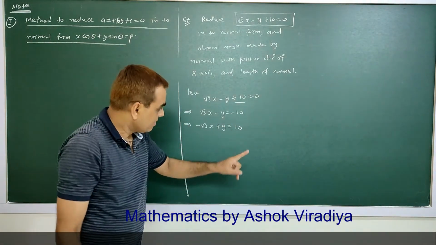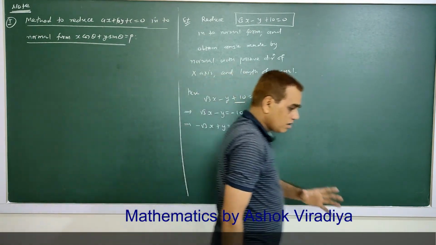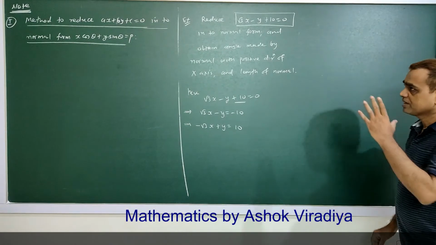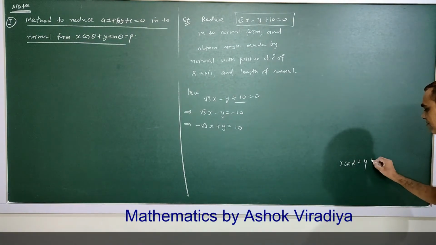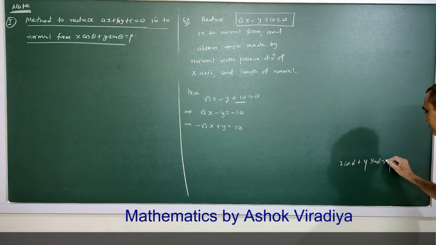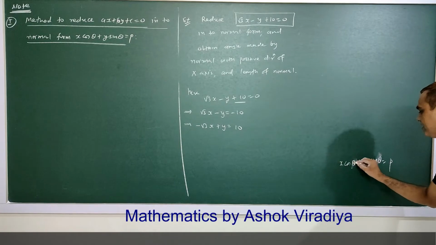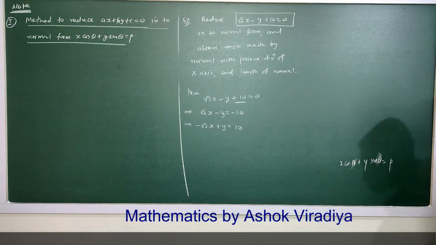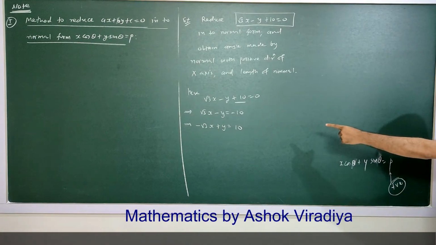Remember, the right hand side must be positive, because in this procedure we are reducing the given equation into the form x cos alpha plus y sin alpha, or x cos theta plus y sin theta equal to p. So this number is always positive, because on the right hand side we are going to set a positive number. That work we do in the beginning.